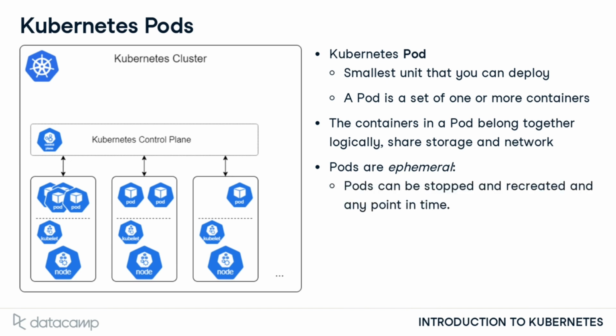That means they live only for a relatively short time, and they can and will be terminated and recreated on other nodes at any point in time. The pod's ephemeral nature, being terminated and recreated frequently, might seem counterintuitive regarding stability. However, this design grants Kubernetes the flexibility to manage incidents efficiently, enhancing overall application reliability.